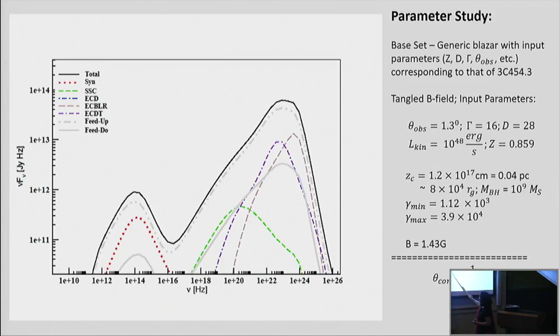And the strength of the magnetic field that has been considered is of an order of Gauss. The superluminal cone of the source is spread over an angle of 3.6 degrees. For this particular parameter set, our viewing angle that has been considered is of 124, the stability time scale that we were considering to construct the base set.